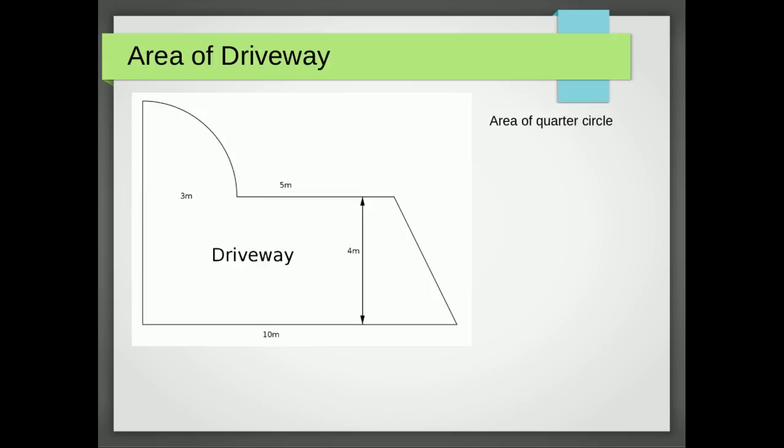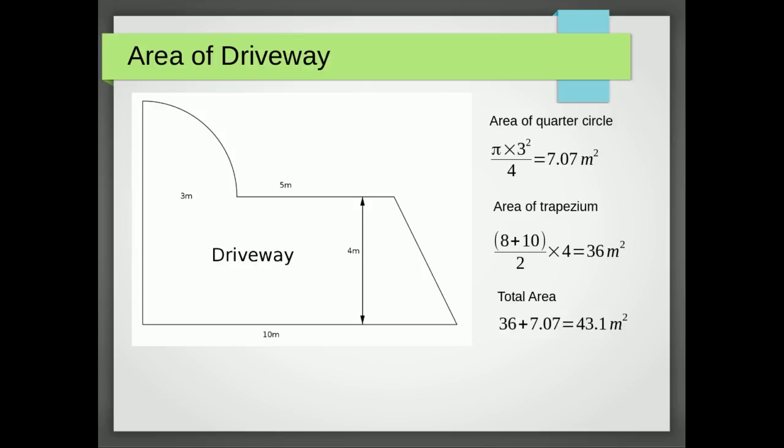So the area of the quarter circle is going to be pi r squared over 4, in our case pi times 3 squared over 4, which is approximately 7.07. And then for our trapezium it's going to be the 10 plus the 8 divided by 2 multiplied by 4, so we get 36. So the total area of the driveway is those added together, which is approximately 43.1 metres squared.